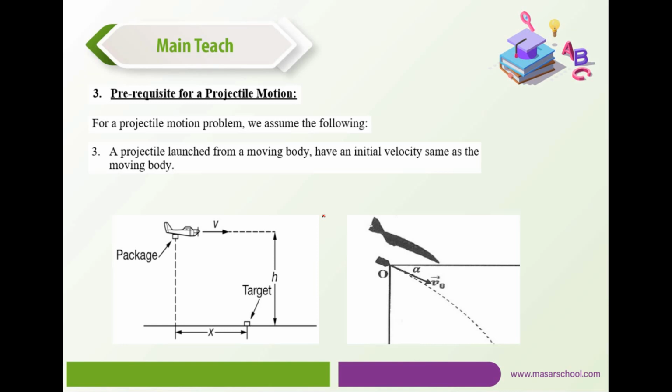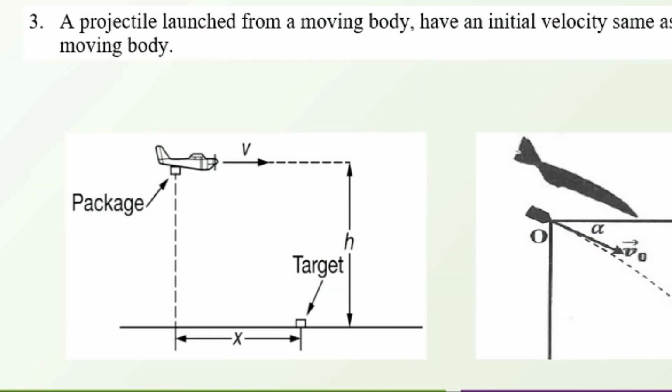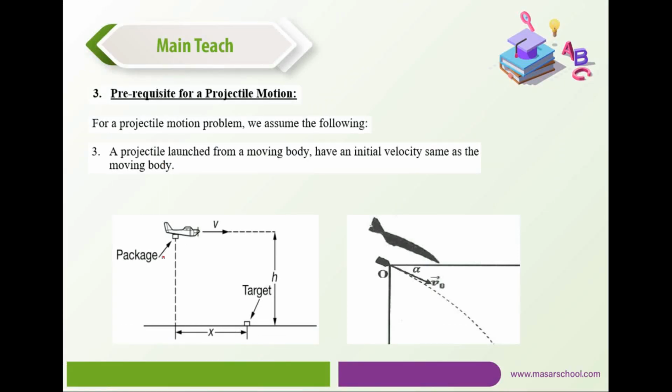Now section 3 or idea 3: a projectile launched from a moving body has an initial velocity the same as the moving body. So here we have an airplane. It will drop down a package. Now initially the airplane is moving horizontally, so it will release the package. What is the initial velocity of the package? This is related to the velocity of the plane.